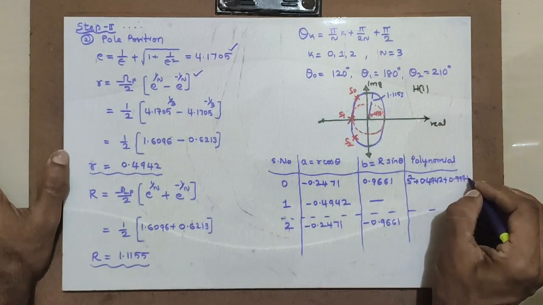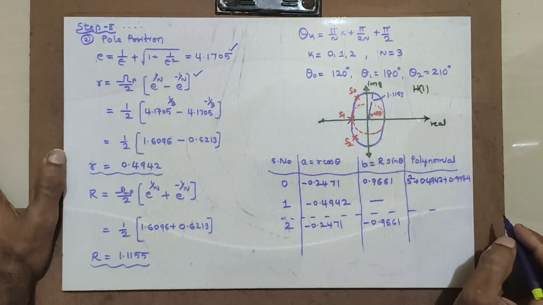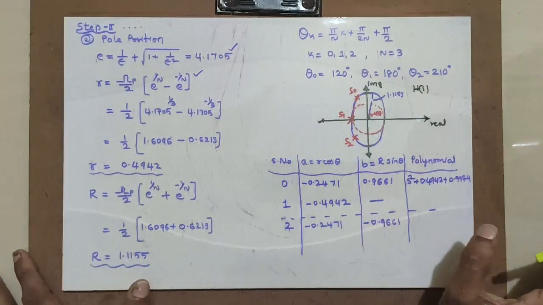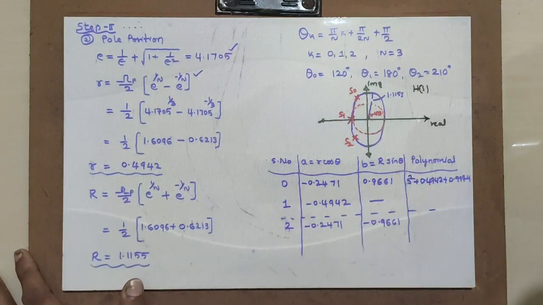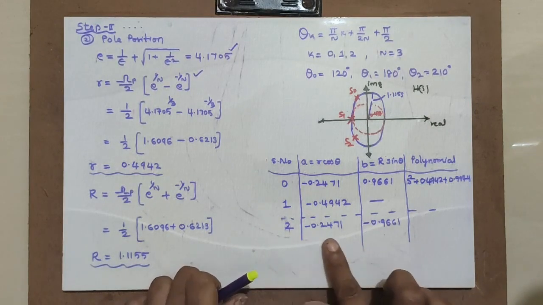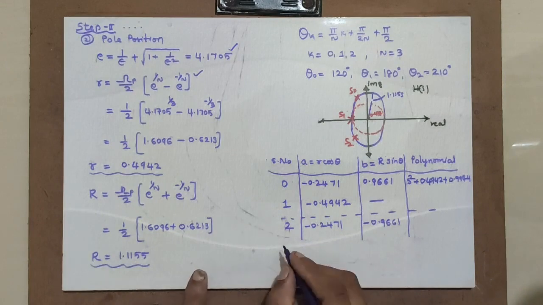Many students follow writing the polynomial by taking the equation. It doesn't matter. Some students may feel it is easy to have a table. Some students may feel it is easy to have the polynomial by writing s minus s naught. Whichever you feel comfortable with, you can do that. But we want the polynomial as the output. See, pole position we have completed. Now the third step is to get the pole positions.